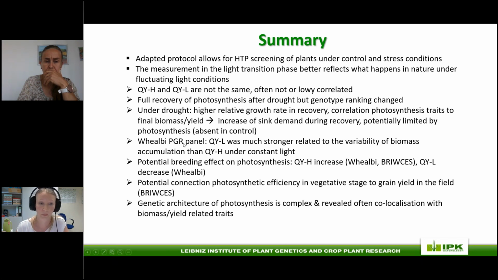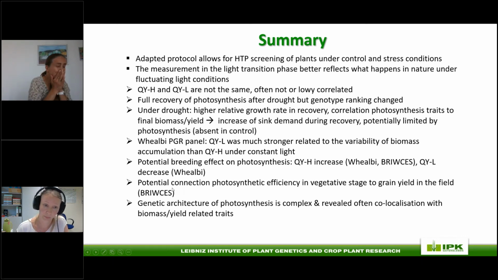In the Wilby panel, we also saw that QYL was more strongly correlated to the biomass data and accumulation than QYH under constant light. That was not the case in the elite winter wheat panel. However, we saw in both panels a potential breeding effect on QYH, an increase, while in the Wilby panel we saw a decrease for QYL.